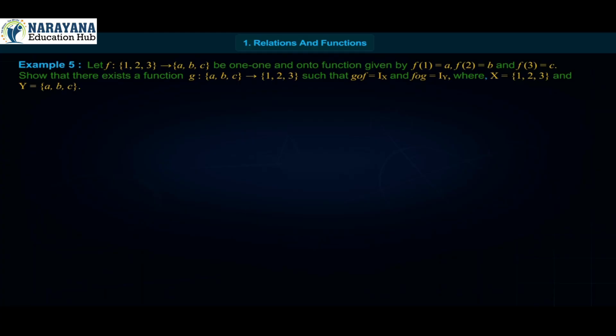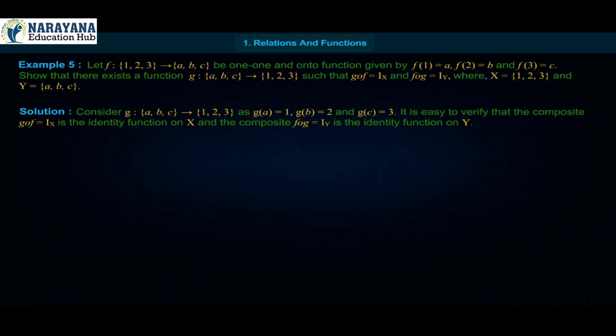Show that there exists a function g from the set {A, B, C} to the set {1, 2, 3} such that g∘f = I_X and f∘g = I_Y, where X = {1, 2, 3} and Y = {A, B, C}.